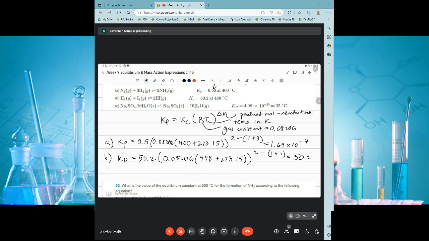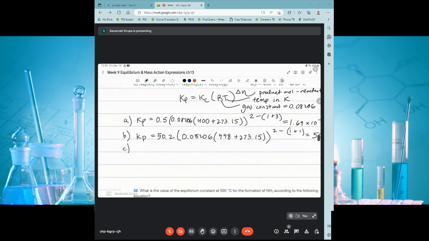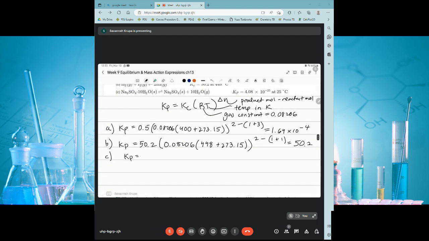Okay, now let's move on to C. And now we will be converting it to the Kc value. And so to get it to the Kc in the first place, we need to divide to isolate for this value here. So this is our standard formula, the Kp equals Kc RT raised to the power of n, but to get it to Kc, we will divide both sides.